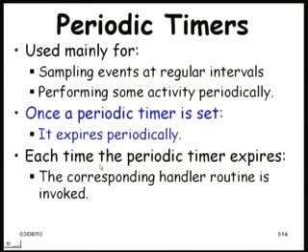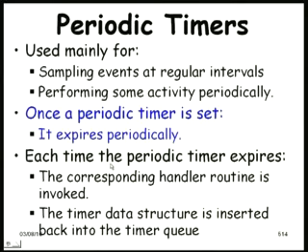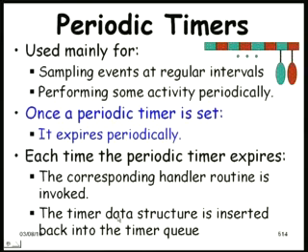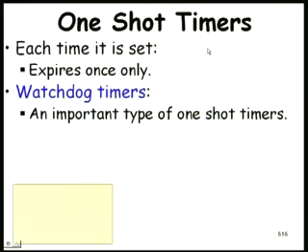Each time the periodic timer expires, the handler routine will be invoked, and it will be reinserted in the timer queue. So, this has expired, and then the handler routine will be queued, not invoked, and then this same timer will be inserted back in the queue with its expiration time updated.